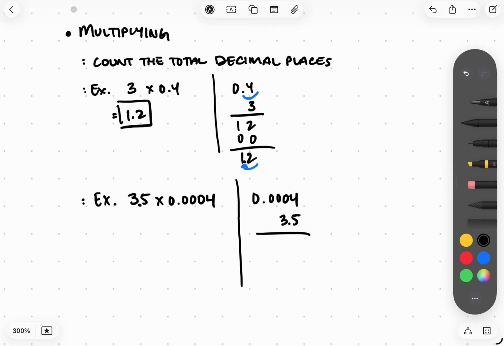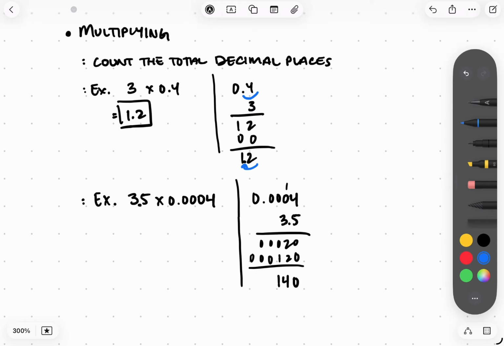So I know that 5 times 4 is 20. And then I got the zeros up front. And then I put a 0 first. 3 times 4 is 12. Plus 1 there, 1. And then 0, 0. So I add these up normally. 1, 4, 0. Make sure that any zeros at the end do get kept in there.